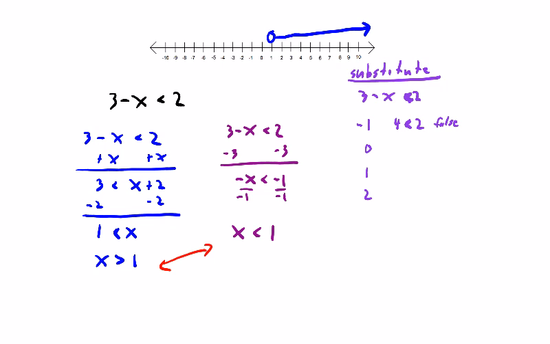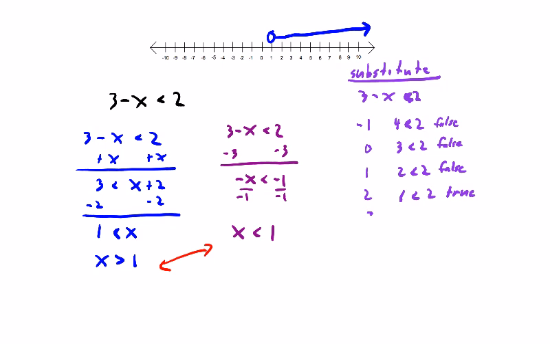If we substitute 0 in, we get 3 is less than 2, which is clearly false. So 0 cannot be part of the solution. If we substitute 1 in, we get 2 is less than 2, which is still false. When we substitute in 2, we end up getting that 1 is less than 2, which is true.